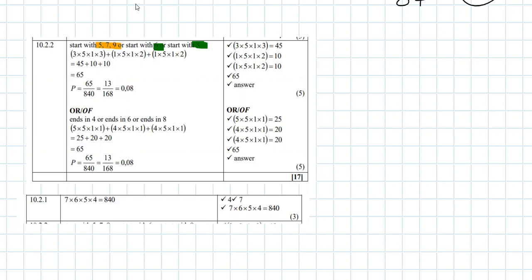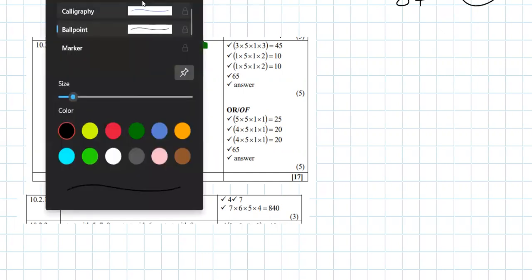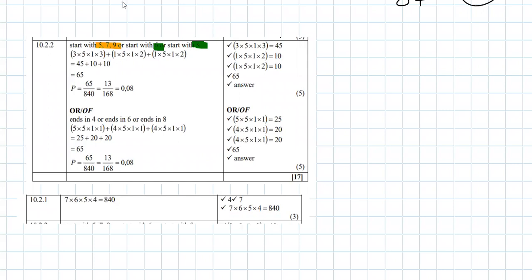So if it starts with an odd number, I see the second one was 5, so I counted this incorrectly. That must have been, there were 5 options left, not 6 options left. So if it starts with 5, 7, or 9, then there's 3 options to start.